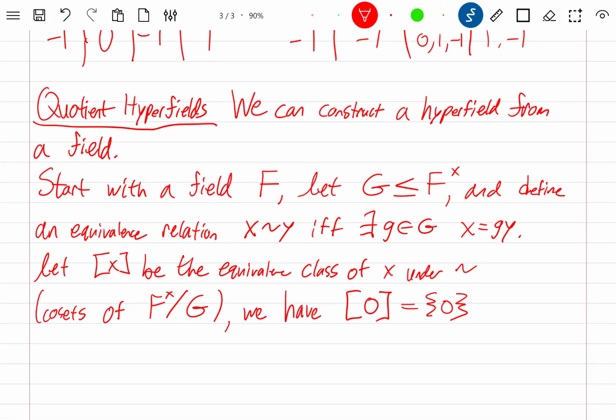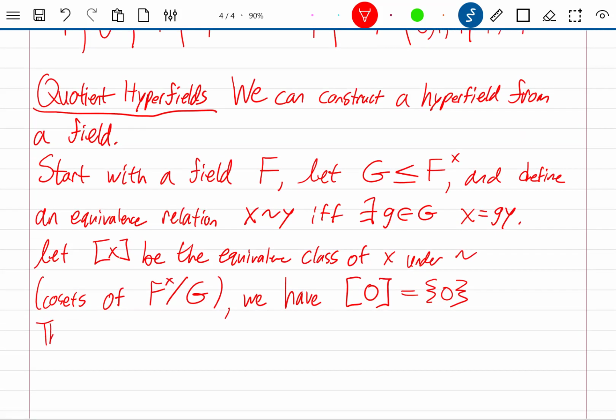So we have our equivalence relation, we know what it is everywhere. And we construct the quotient hyperfield, which we will denote F modded out by G.